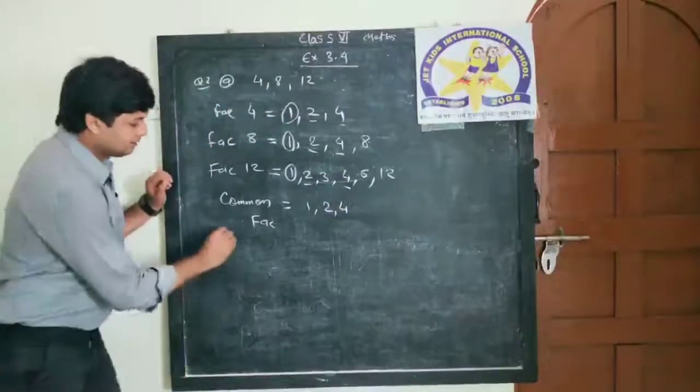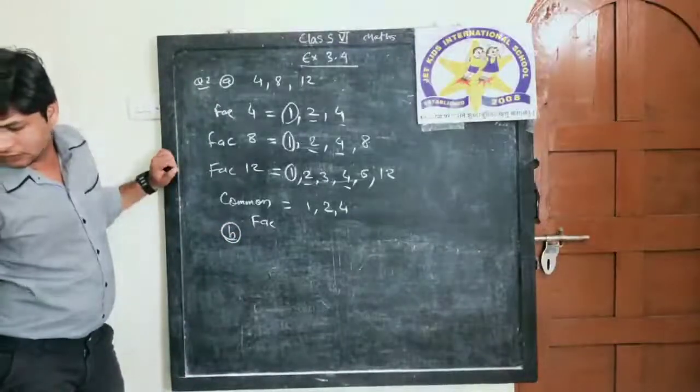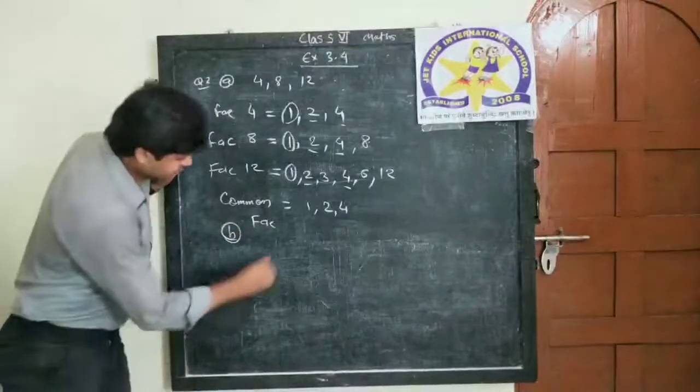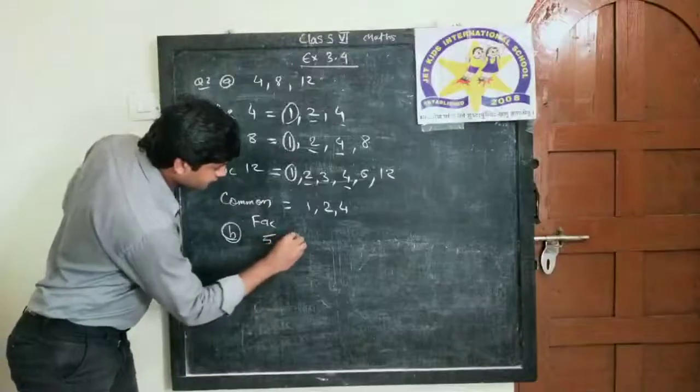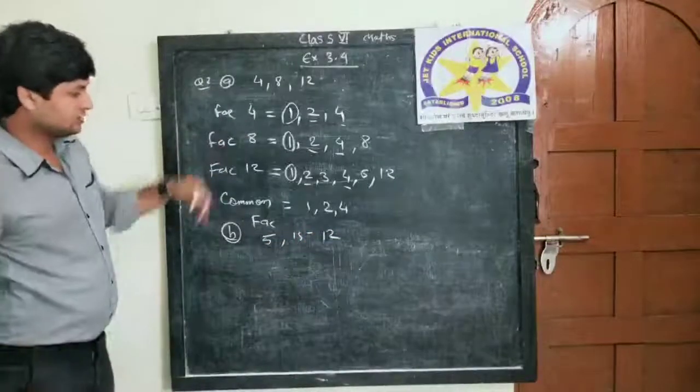Next thing, B is 5, 15, and 25. Just take a snap.